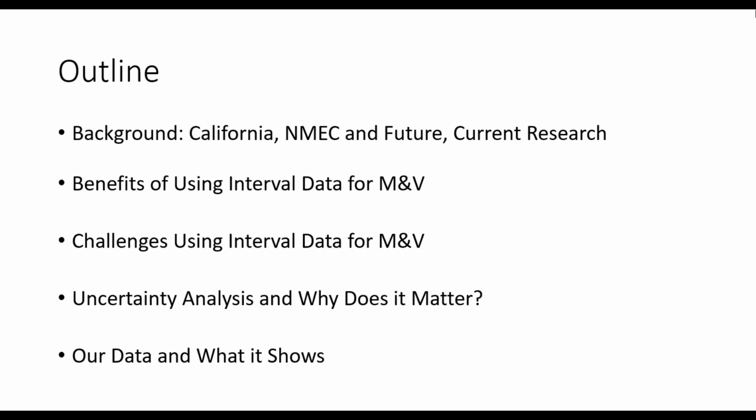But there's a lot going on in California, and we wanted to talk about that. We'll also talk about the benefits and challenges of using interval data for M&V: what it is good for, and what it is maybe not good for. Then uncertainty analysis and why it matters. You'll see why we're talking about uncertainty analysis a little bit later. And then finally, our data.